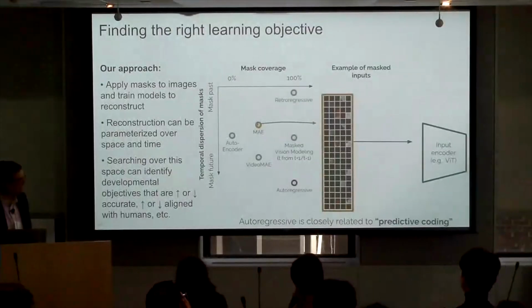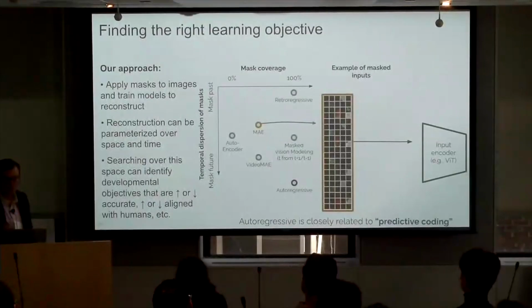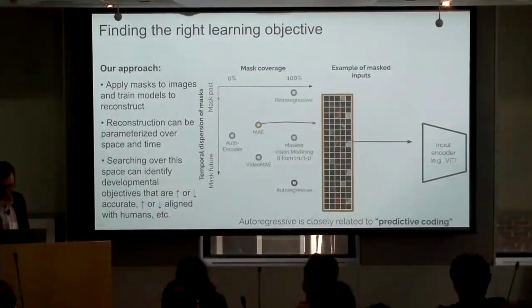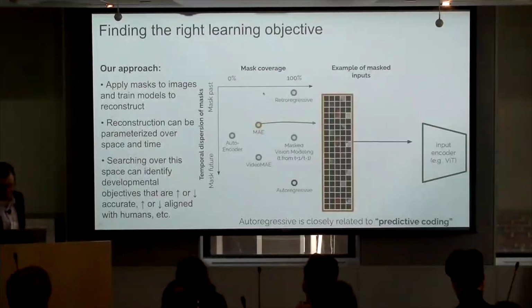But if you want to think about something like a masked autoencoder, where you input a sequence of multiple frames, you can scatter the masks and the parts of the sequence to be reconstructed. And so you fall somewhere around the center in terms of this y-axis, because the patches cover the entire sequence, and the mask coverage is also in the middle because it's a fixed percentage.